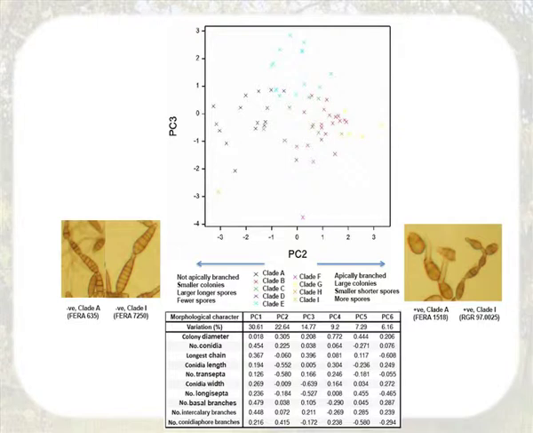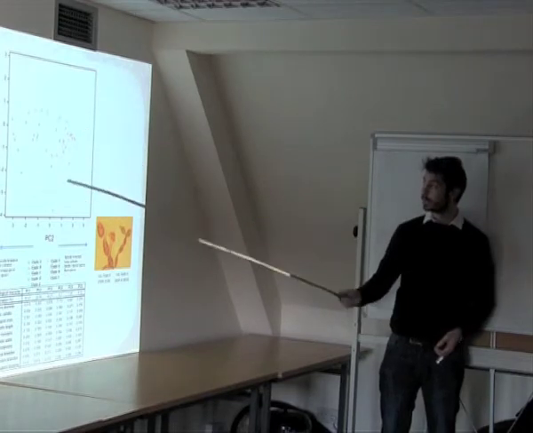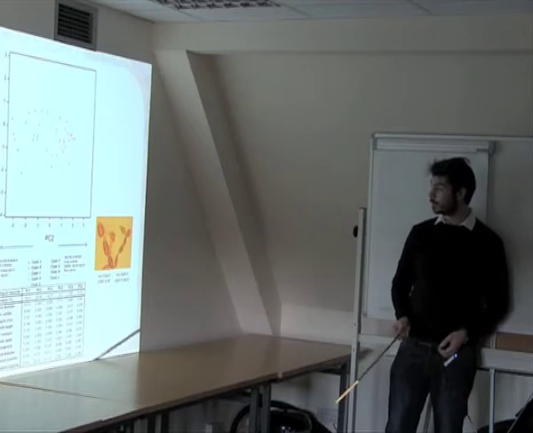So we can say that an isolate that scores positively for principal component 2 is typically apically branched, has large colonies, has smaller and shorter spores, and has more spores in total than an isolate that scores negatively for principal component 2. And as we can see, this seems to be separating out different morphological clades within our morphological dendrogram.